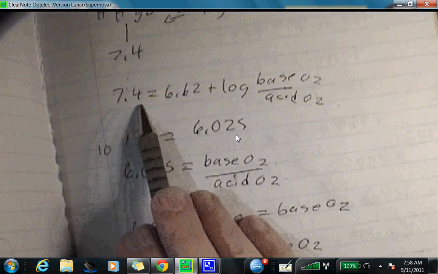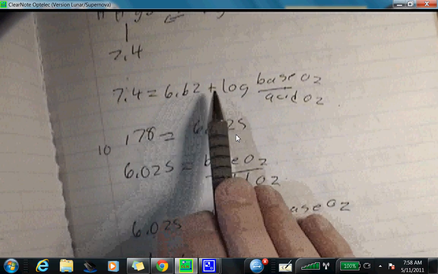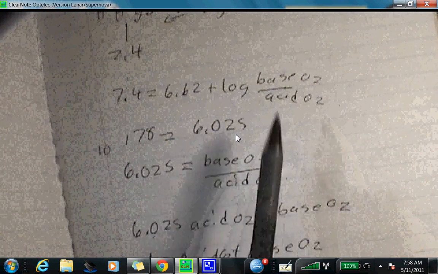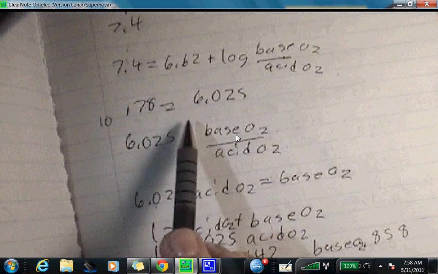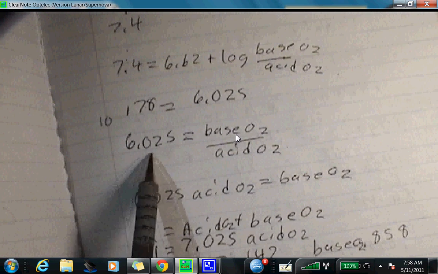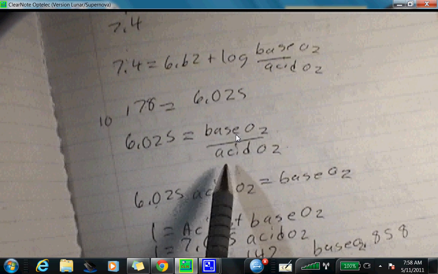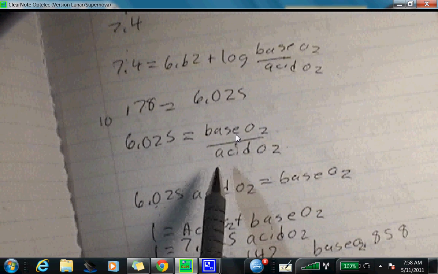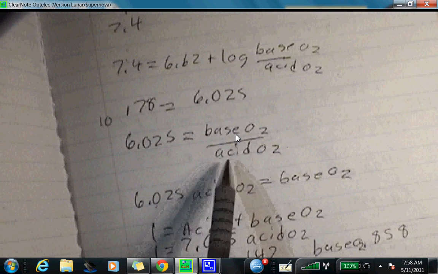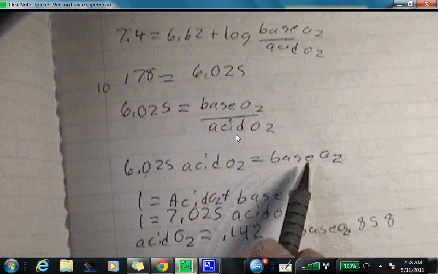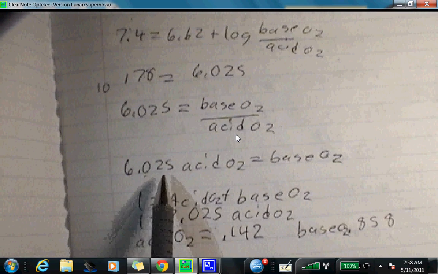So now we have 7.4 equals 6.62 plus log of this. When we factor this out, we get 6.025 equals base O2 over acid O2, and then multiply by acid O2.